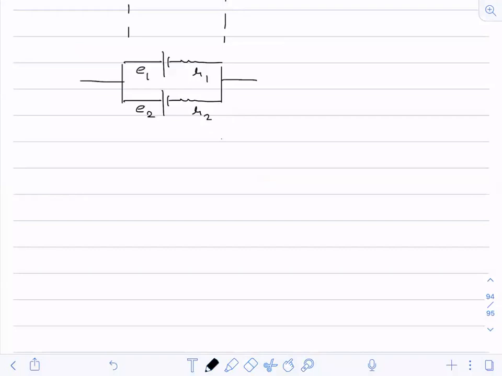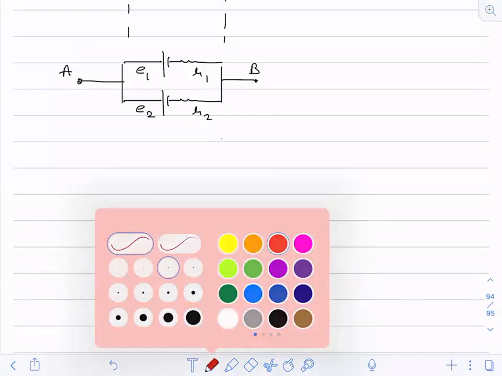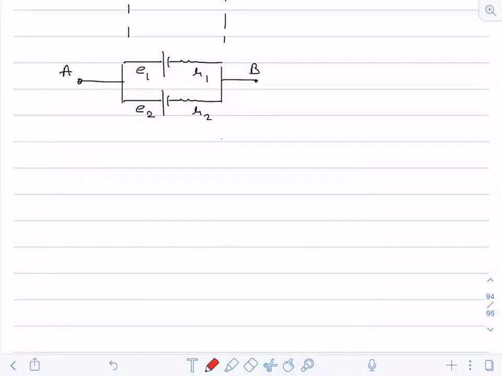We are going to calculate that. Let me assume these points as A and B. If I assume the potential of A as X and B as 0, what will be the potential of this point and this point?